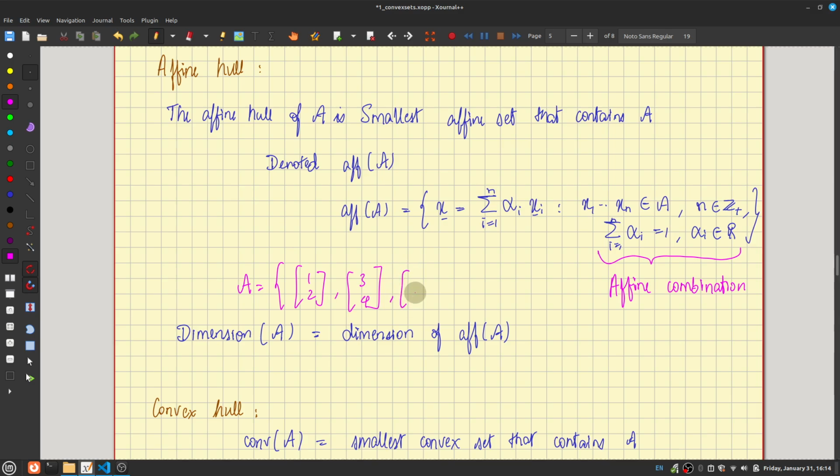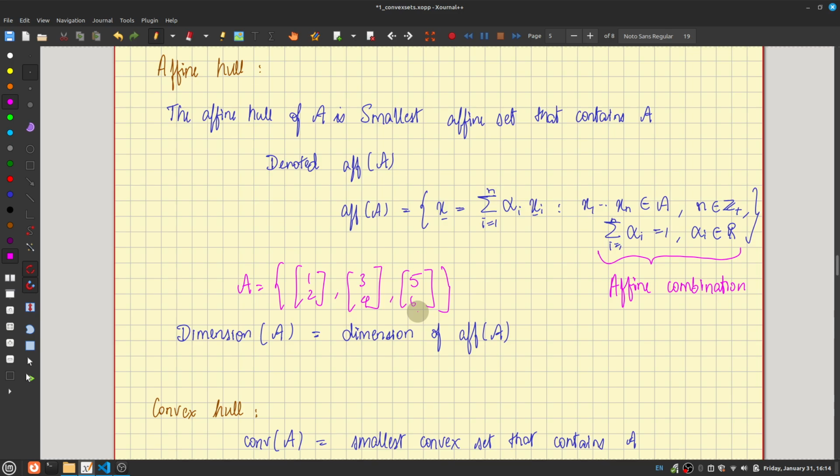And if I take 3 points in R2, what would be the affine hull? A plane, but if you're living in R2, then what is the affine hull?